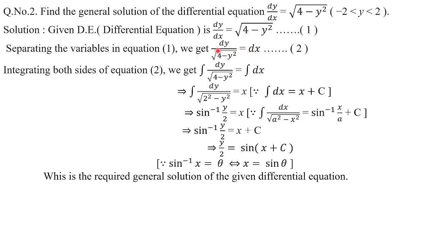Next step, we have to take the integrals on both sides. And we have to write the final step. That's all. Only 3 steps, the 3 steps method to solve a first order, first degree differential equation by using the separating the variables method.